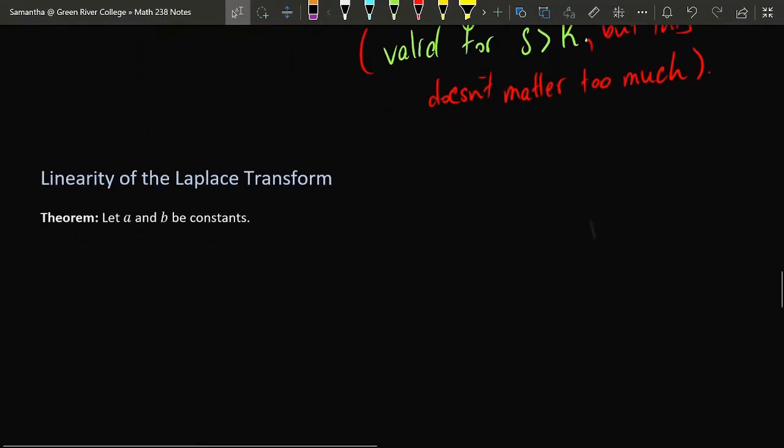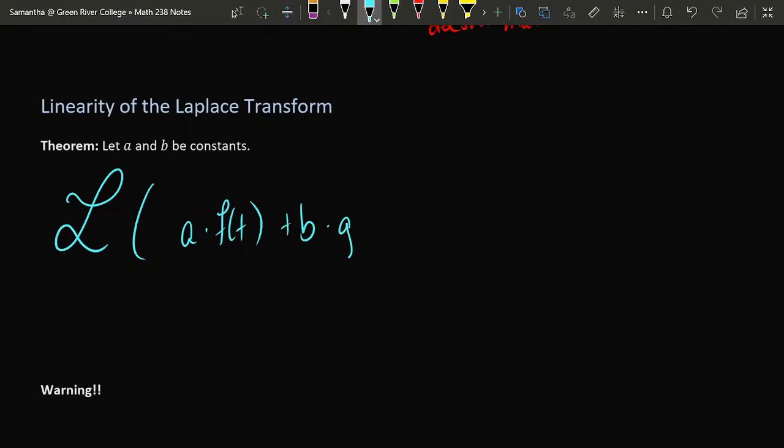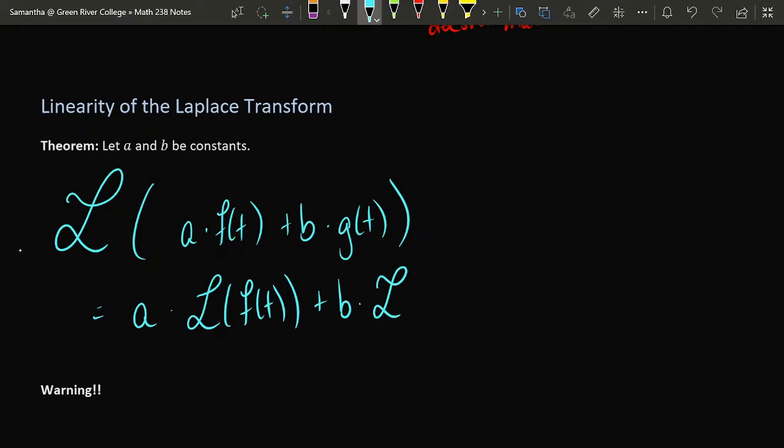Now the Laplace transform, since it comes from an integral, ends up being linear. And when we say a transform is linear, what we mean is that if you take the Laplace transform of some number a times the first function plus some number b times some second function, then that's the same thing as a times the Laplace transform of the first function plus b times the Laplace transform of the second function.